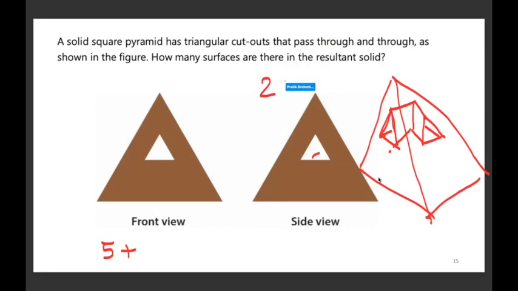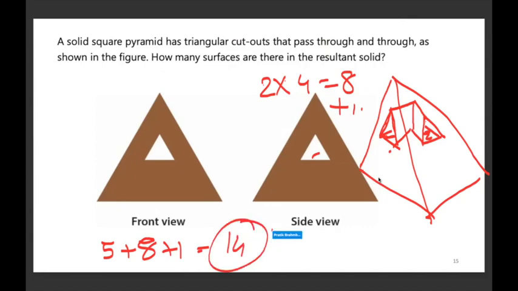There will be four sides, 1, 2, 3 and 4 sides of the square pyramid, which makes it 8, and plus only one surface of the bottom will come, so 8 plus 1. So 5 plus 8 plus 1, the answer is 14 surfaces that the resultant solid will have.